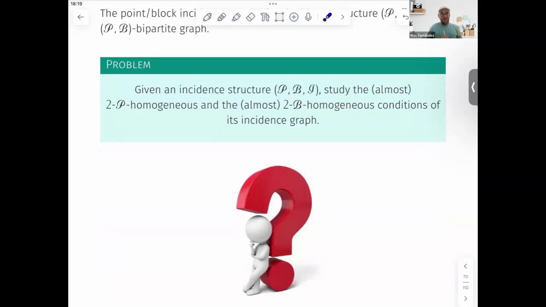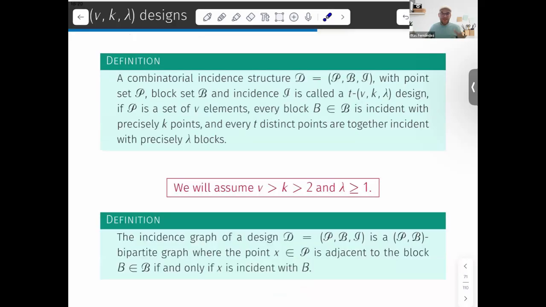We are working with bipartite graphs, and whenever we have a bipartite graph, instead of partitions y and y prime, we can think about points and blocks, and about the incidence graph of a certain incidence structure. There are certain structures that we call 2-designs. These are collections of points and blocks with very beautiful properties.